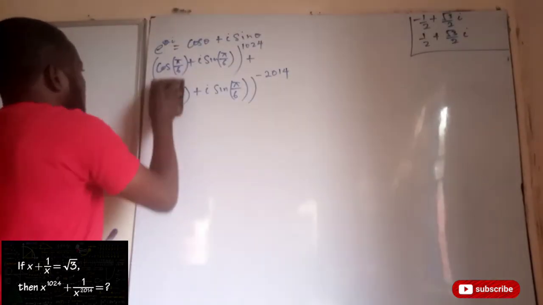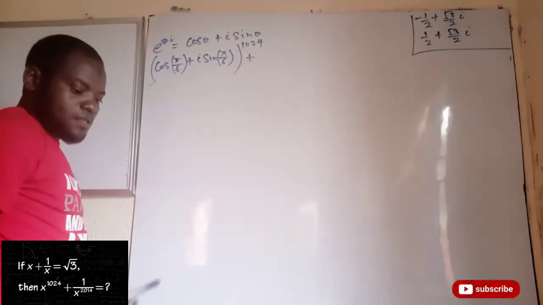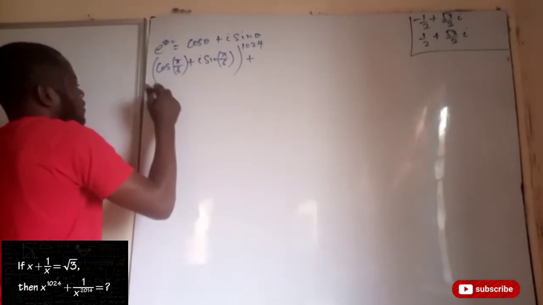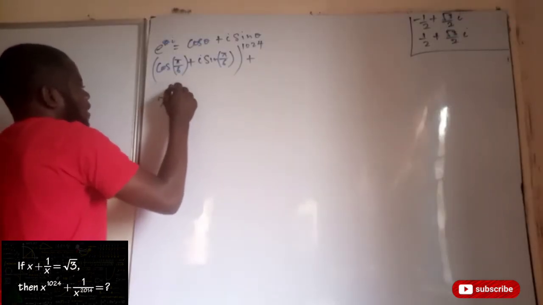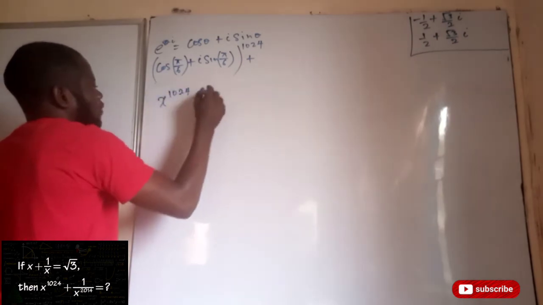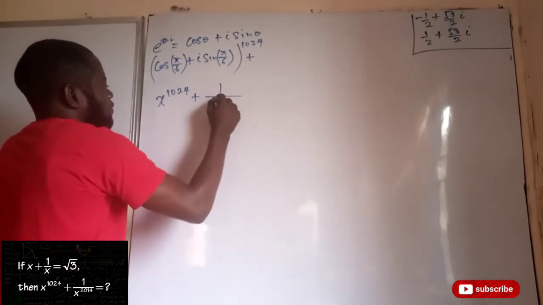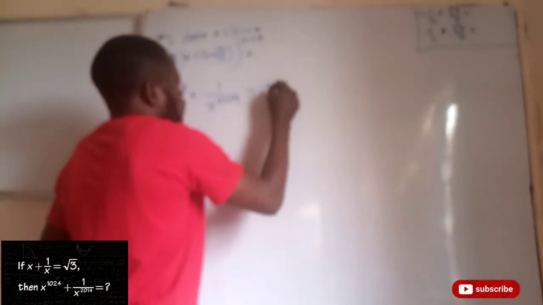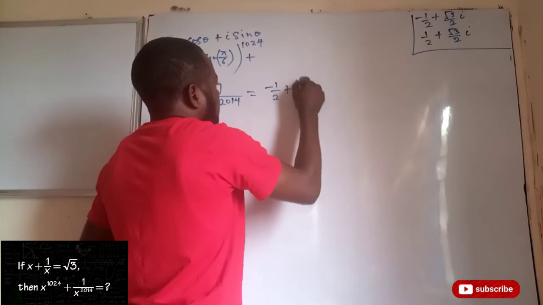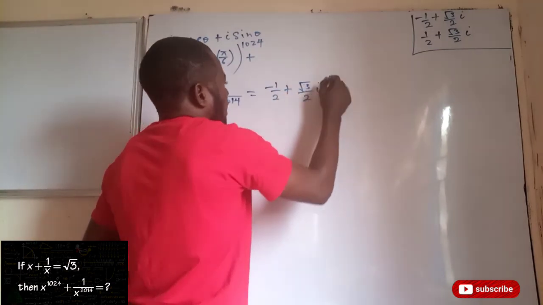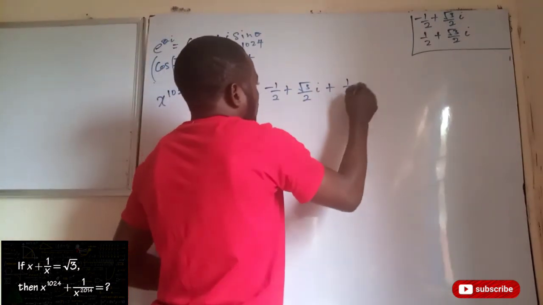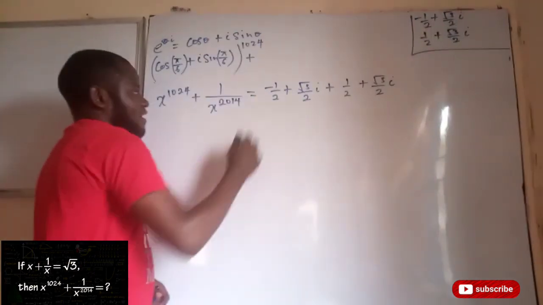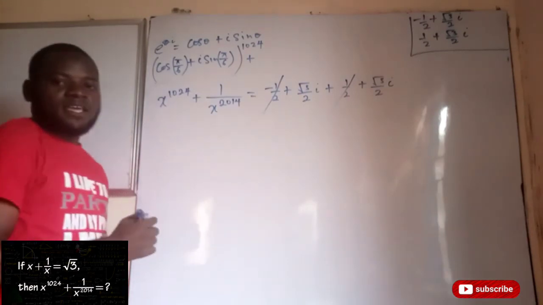Okay, if that should be the case, the value for x to the power of 1024 plus 1 over x to the power of 2014 is going to be negative 1 over 2 plus root 3 over 2 i, then plus 1 over 2 plus root 3 over 2 i. Hence, this and this will cancel.